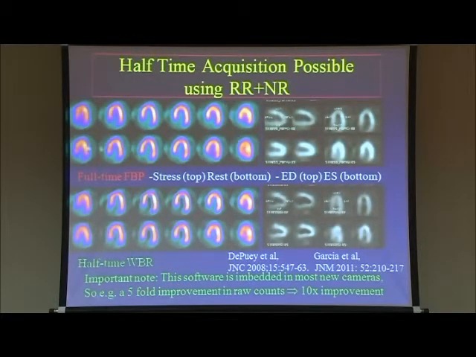Again, very nice looking images. But now you can cut the time in half, acquire in half the time with this new reconstruction, same old detectors, and you in fact get higher contrast, better looking static images, better looking gated images.